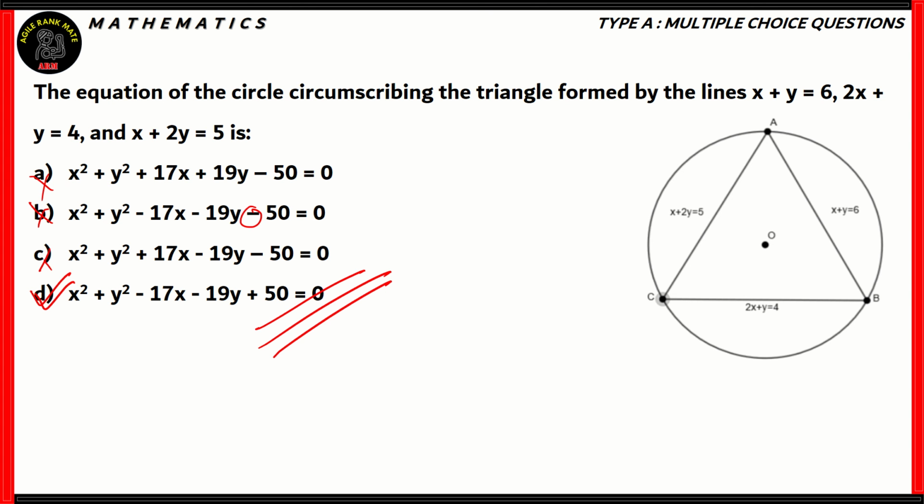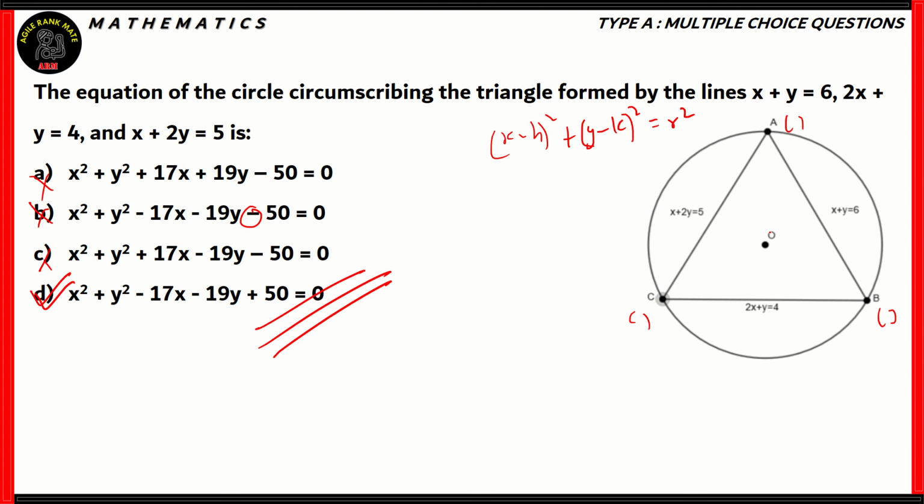The idea here is to use the three equations to find the coordinates of A, B, and C. Then we use the formula of the general equation of the circle. That's x minus h the whole squared plus y minus k the whole squared equals r squared. To find h and k, we're going to use the distance formula for OA, OB, and OC.